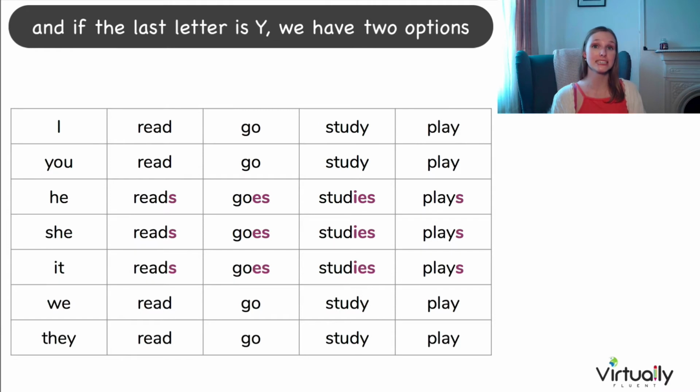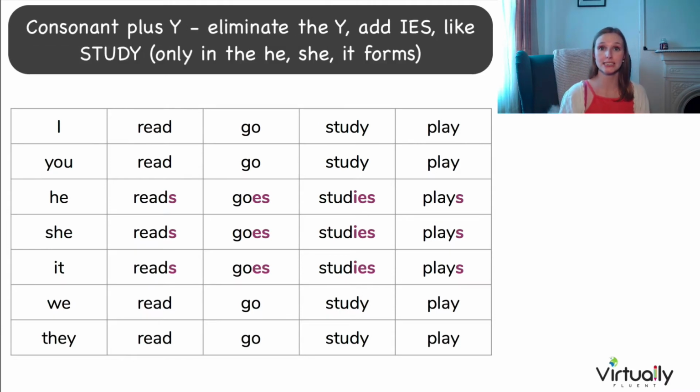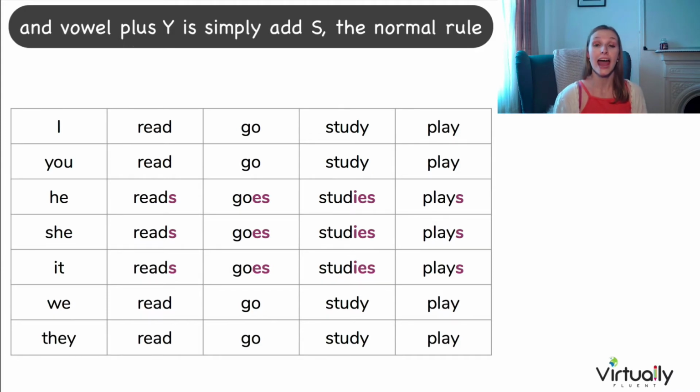And if the last letter is Y, we have two options. Consonant plus Y, eliminate the Y, add IES, like study, only in the he, she, it forms. And vowel plus Y is simply add S, the normal rule.